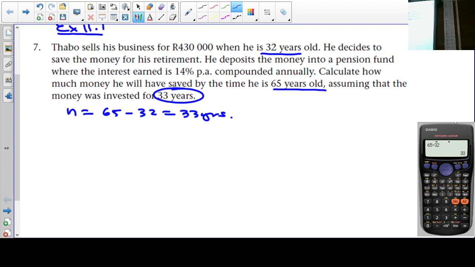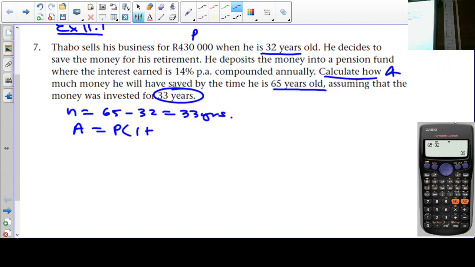So, if he sells a business for 430,000, that's going to be your P value. Okay? He deposits, calculate how much money. So in other words, he's calculating your A value. Not so? So your A is equal to P into 1 plus I, which formula?